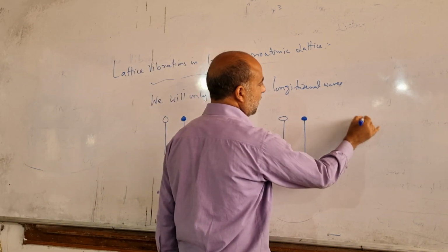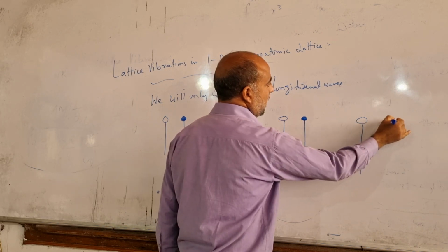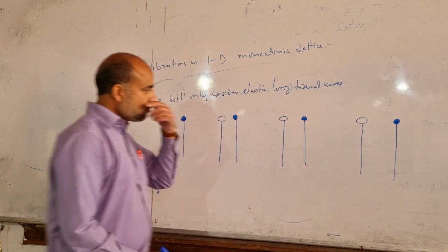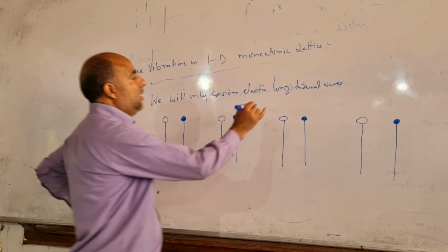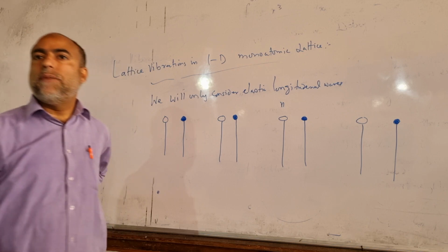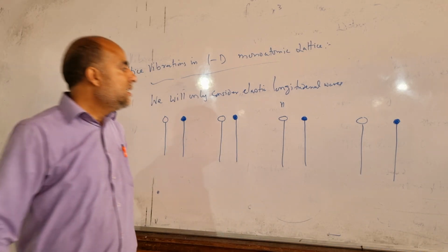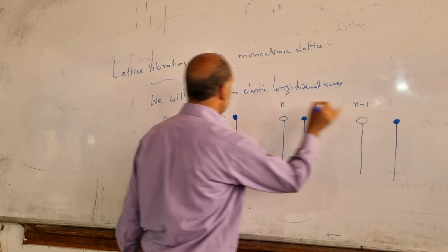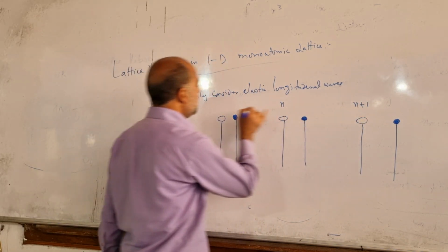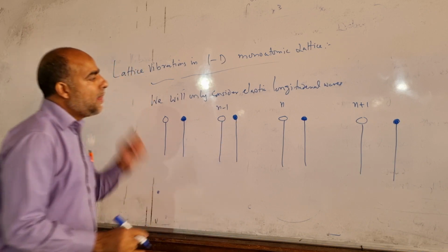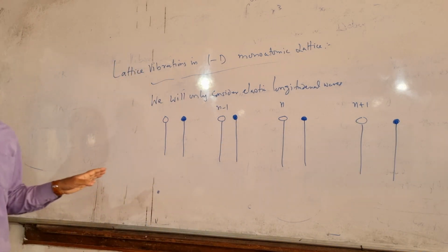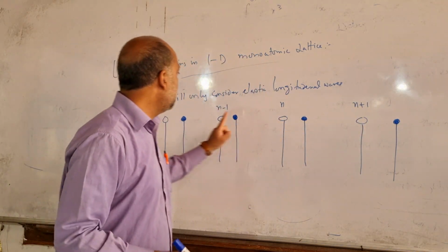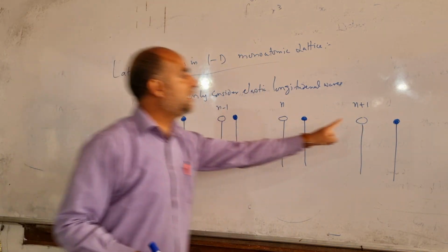Again a hollow circle, then a blue dot. If this is the nth particle, see, first this is n minus 1, this is n plus 1, this is n minus 1. So these are the particles.